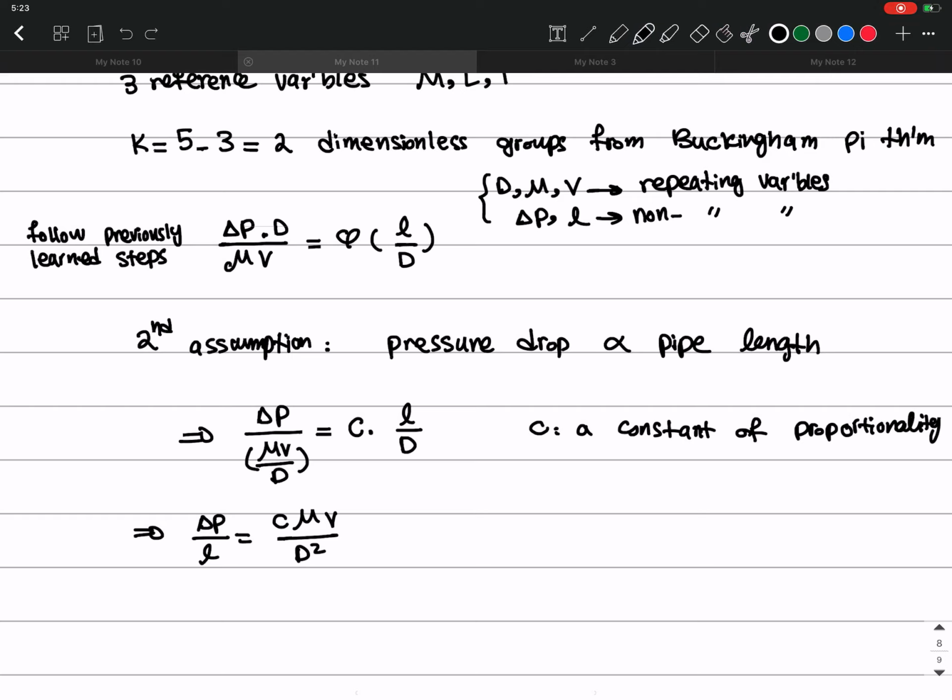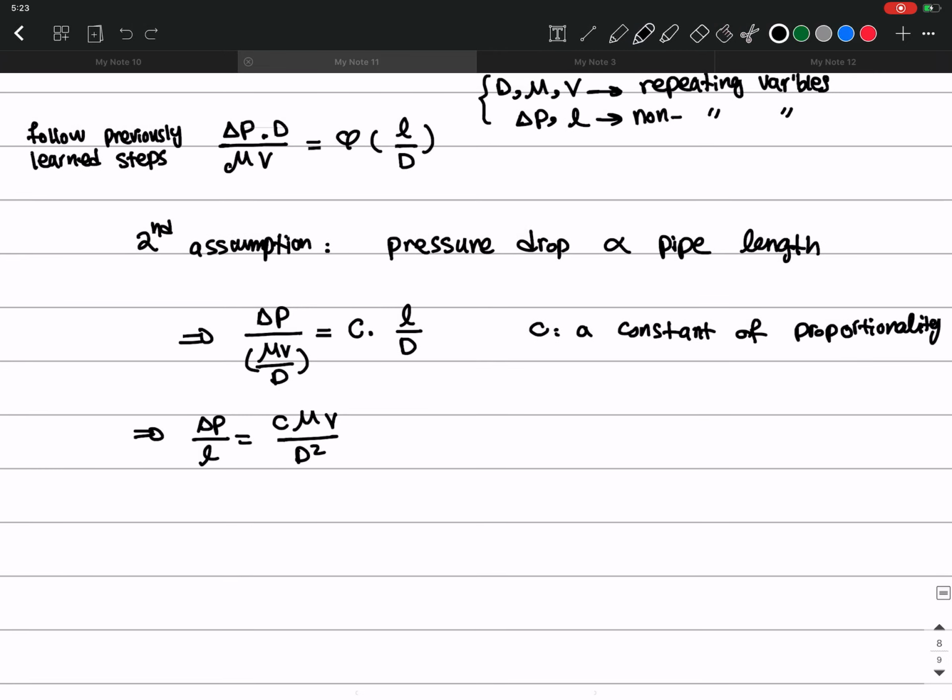So let's do that and see what is the exact value of this constant of proportionality for a round pipe. Let's find C for a round pipe.